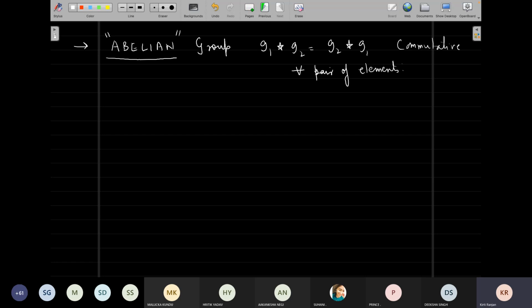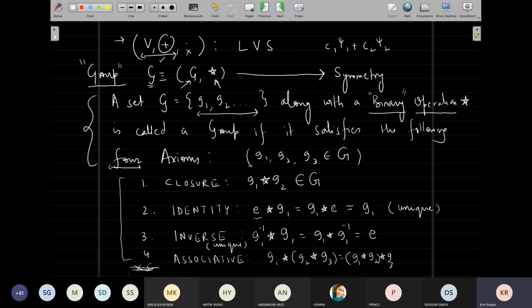Now, why is this very important? You go back to the previous one and look at the identity E and the inverse. There has to be a unique identity element. If you look at that, or at the inverse, both of these are commutative. That means inverses are all commutative in the group.